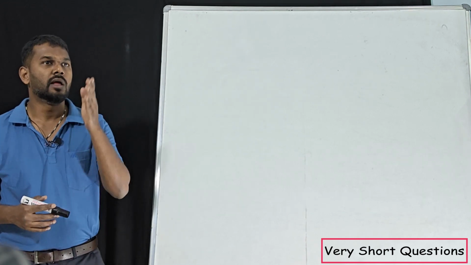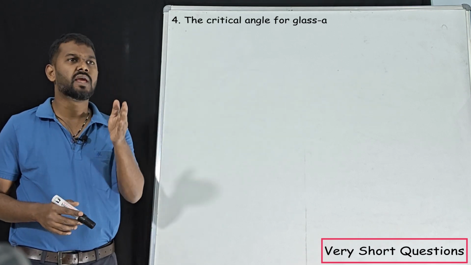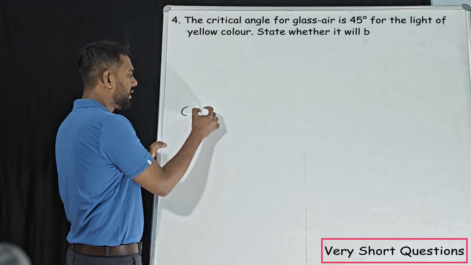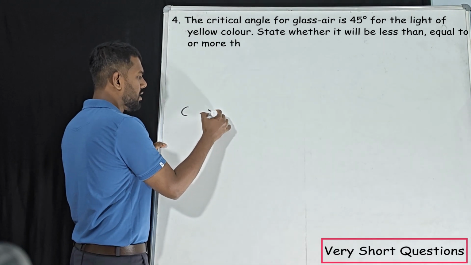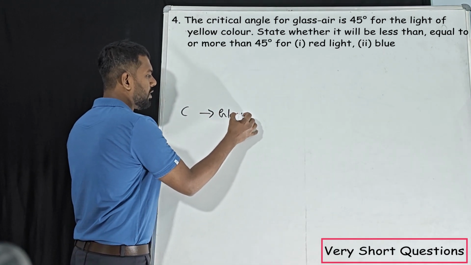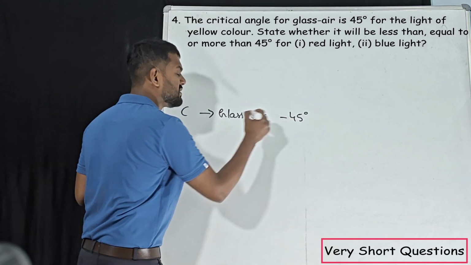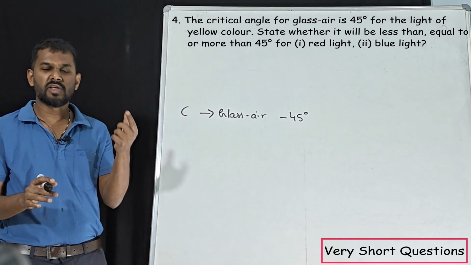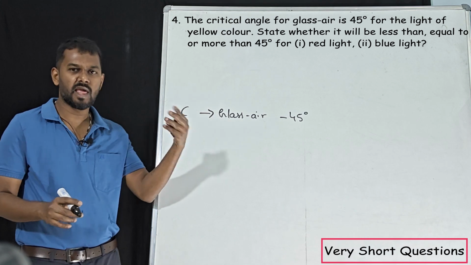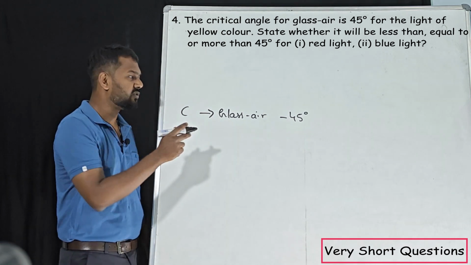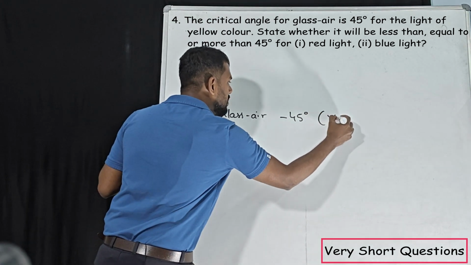Our next question: the critical angle for glass-air surface is 45 degrees. This is what we should know. That means if the angle of incidence is equal to the critical angle, it will pass along the surface. Now, they have given it for yellow color.